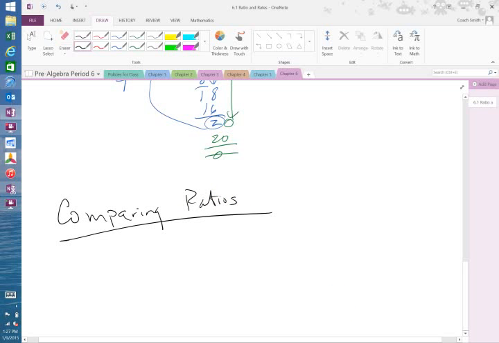Okay? Do we have to have both of them too? No, either one of them is acceptable. When you're comparing ratios, it's just like you're comparing fractions.